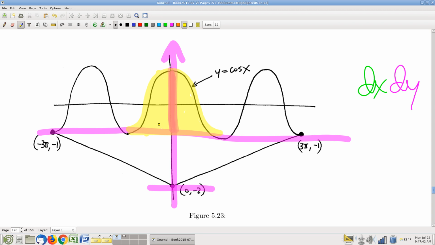On that region, as y goes along, I'm going to need to solve for the x bounds for each value of y. So I'm going to need to look at points like that, and I'm going to need to solve for x. And if you solve for x in that algebra, well, congratulations, now you've got arc cosines in your integrand. And nobody wants that, right? This is highly undesirable. Way undesirable. So definitely don't want to do that.